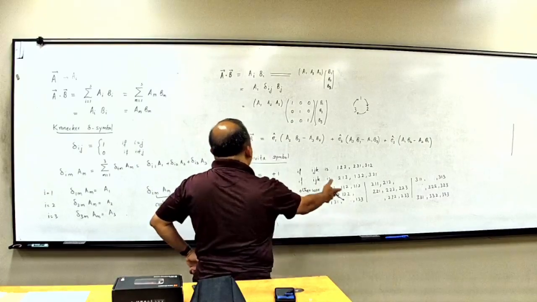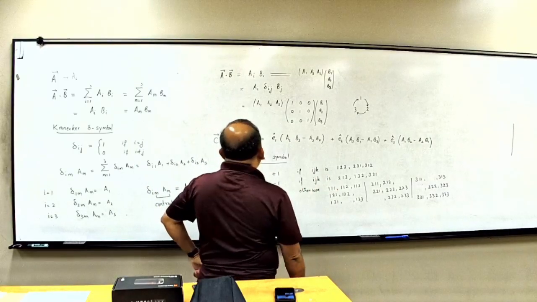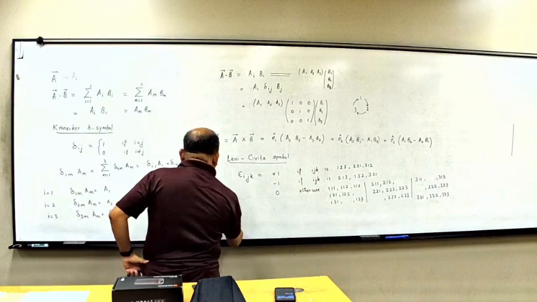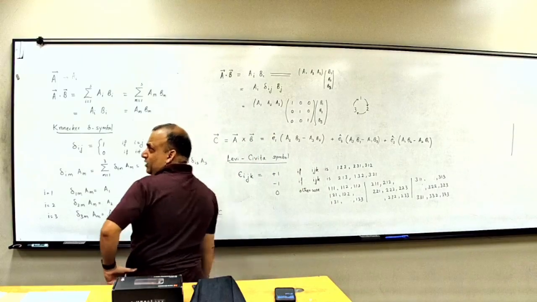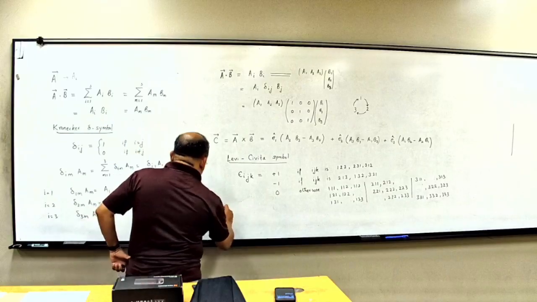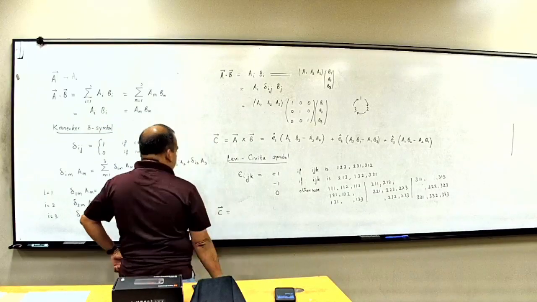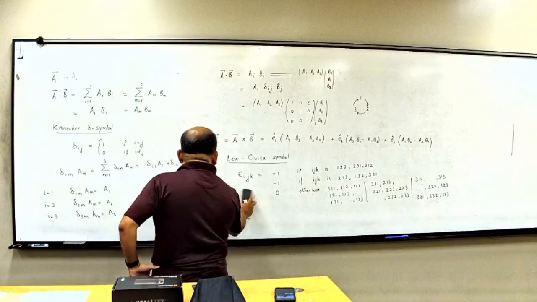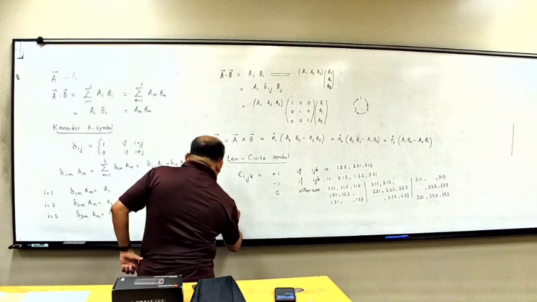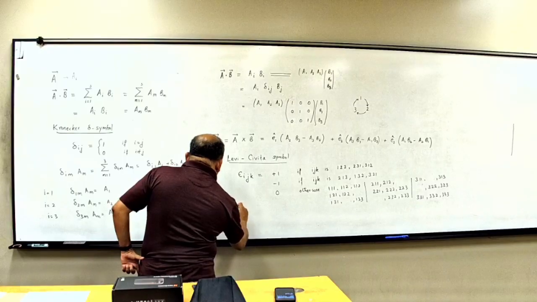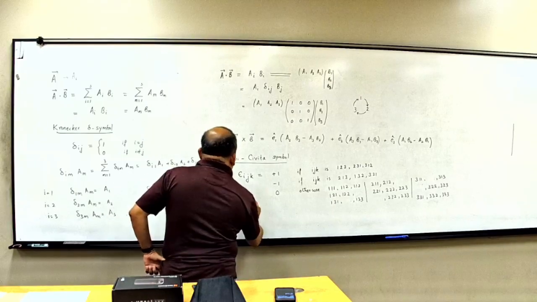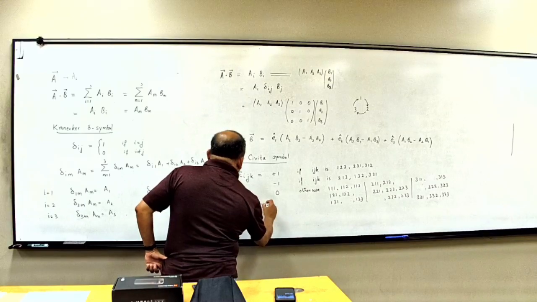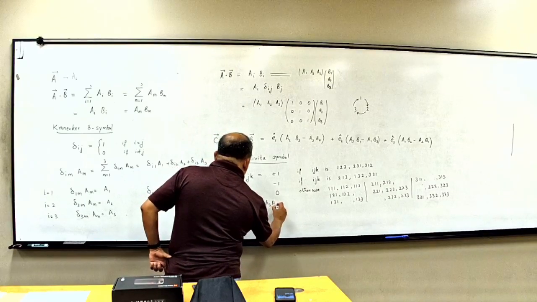In terms of this, can we write the above vector product? So C is equal to, let's say C1. Let's just concentrate on C1. C1 is equal to A2 B3 minus A3 B2.